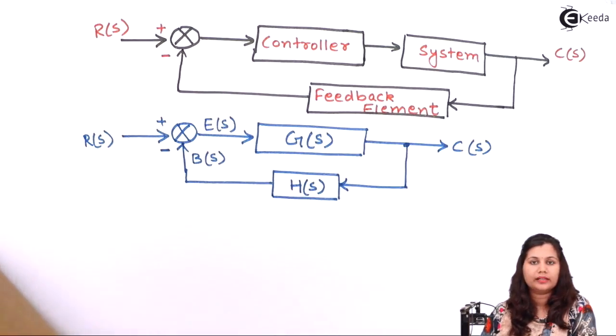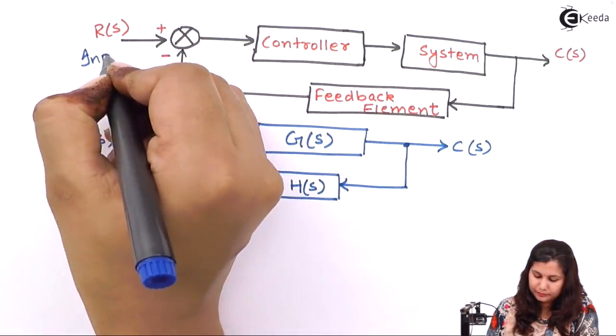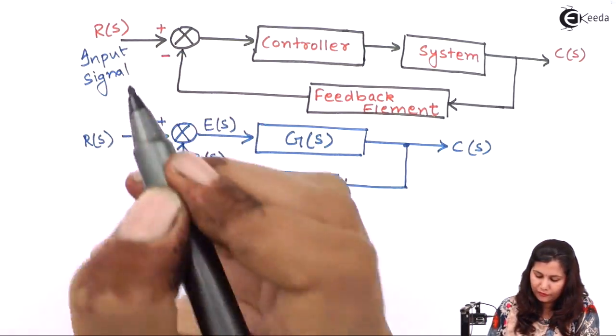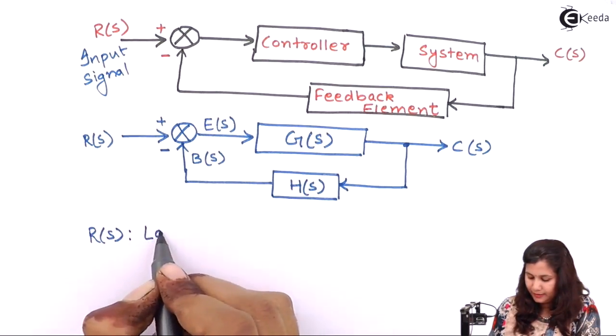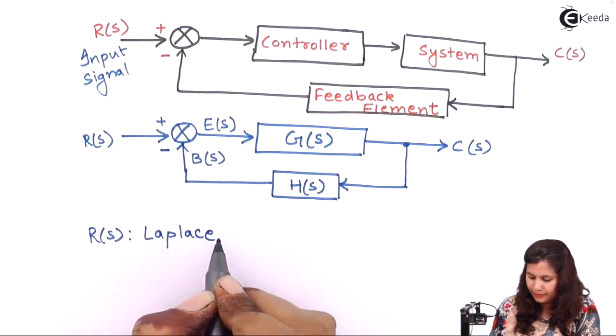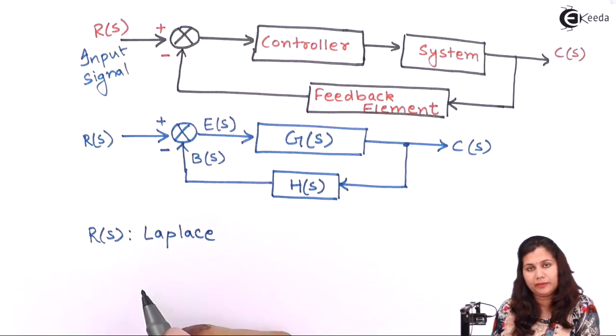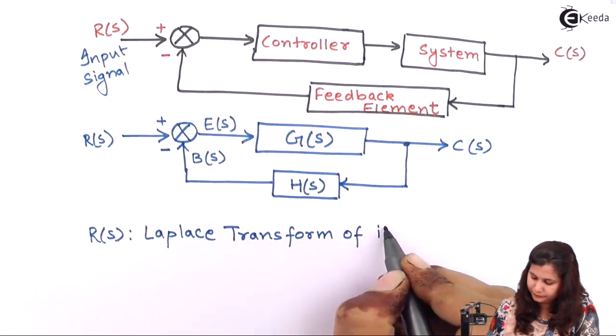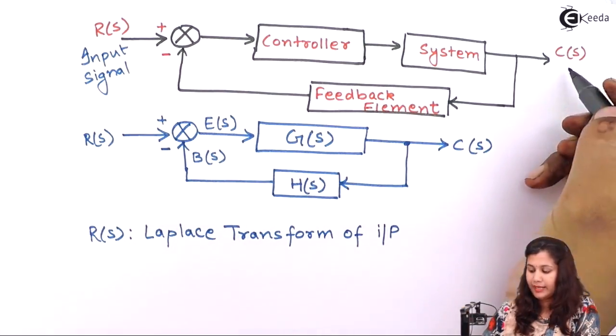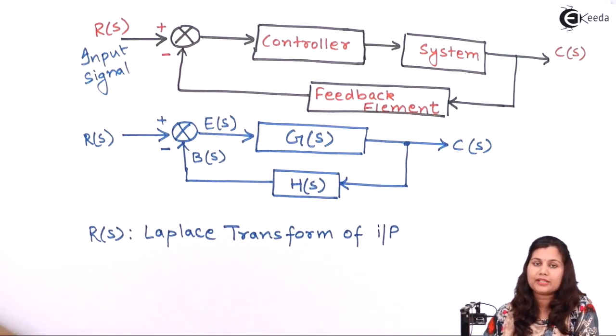R(s) was the input signal, or we can say R(s) is the Laplace transform of the input signal. C(s) is the Laplace transform of the controlled output.